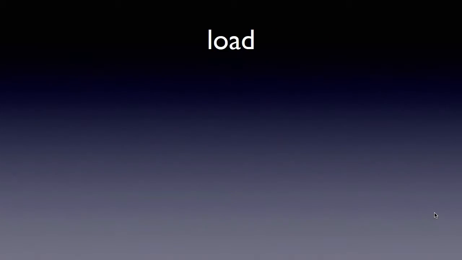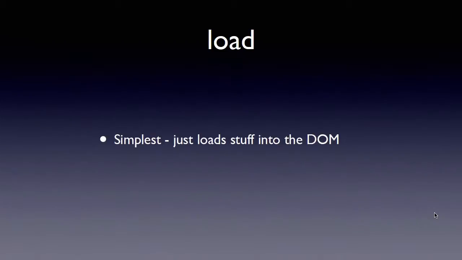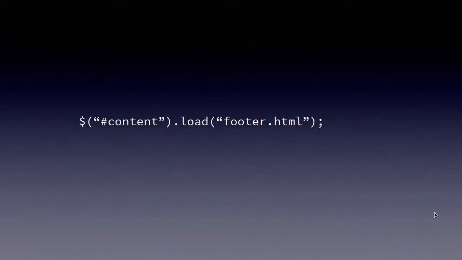And let's start by taking a look at load. Again, the simplest way of doing Ajax with jQuery. So all it does is load something directly into the DOM, and that's it. It can also filter on a selector as well. So let's look at an example. So I take a selector, content, I do .load, and then I simply tell it what to load.